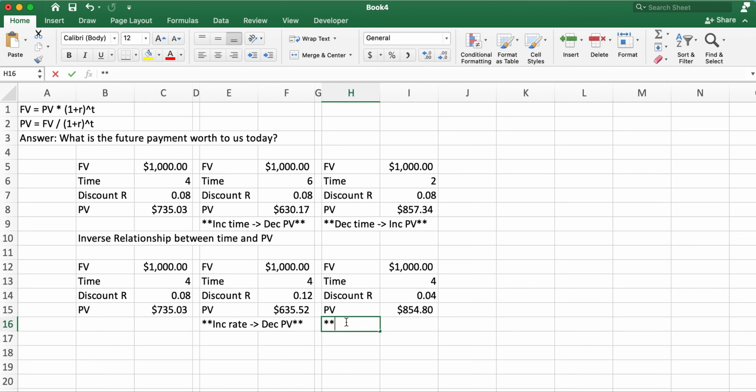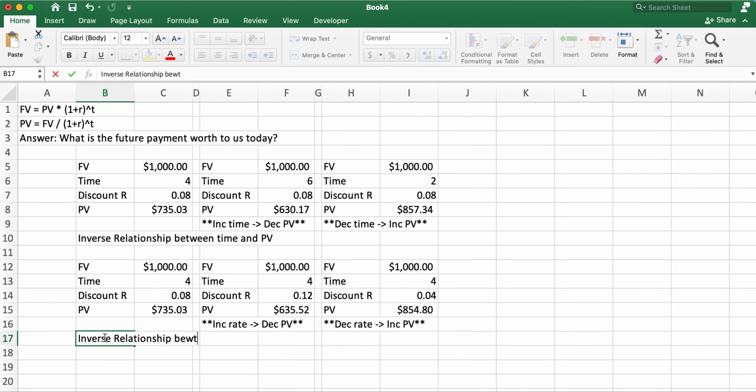So we can say our decrease in rate is going to lead to an increase in present value. So we are going to then say that there is an inverse relationship between our rate and present value. And this concludes our very quick discussion on present value.